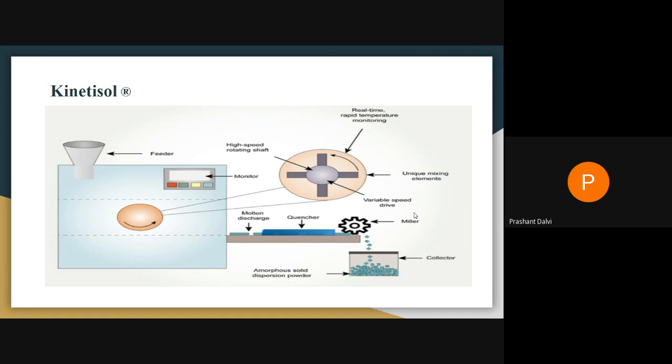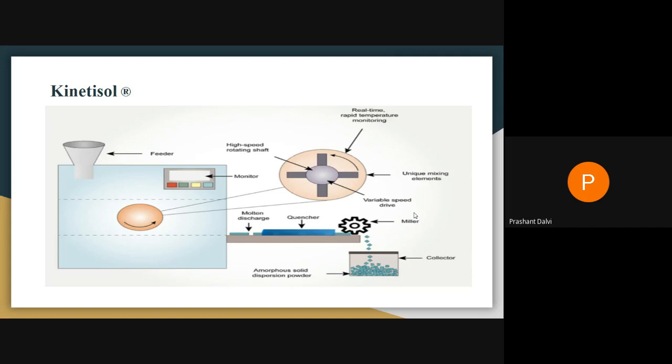It enters into this particular high speed rotating shaft. Process parameters you can adjust using the monitors. You can adjust different process parameters such as temperature, rotation speed, and so on.